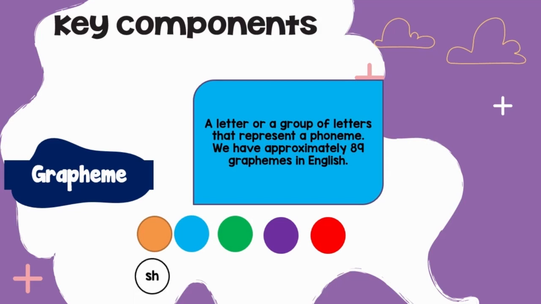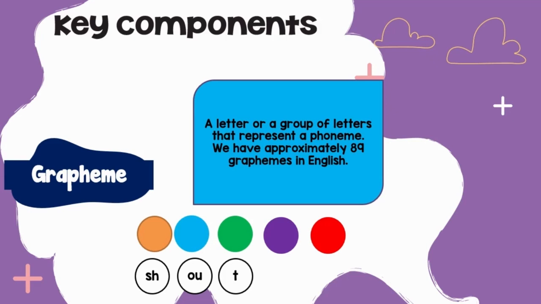So we did sh, so we have sh. Sh is a digraph. It represents the sound sh. Ow. We have more than one way to represent the sound ow, but in this word we use OU, the vowel team OU, to represent ow, t, t, and now we have the suffix ed, and in this word ed is saying ed.